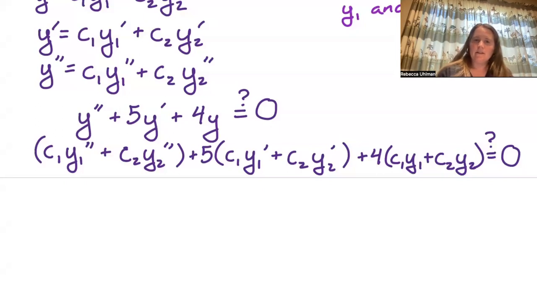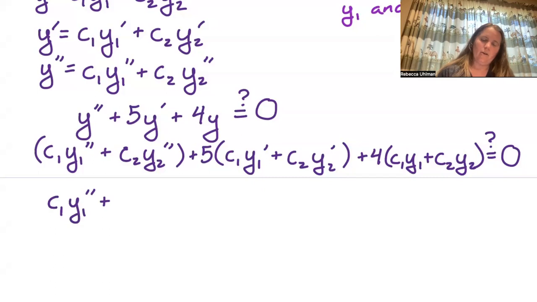We rearrange this, lumping everything multiplied by c1 together. We have c1 y1 double prime plus 5c1 y1 prime plus 4c1 y1.